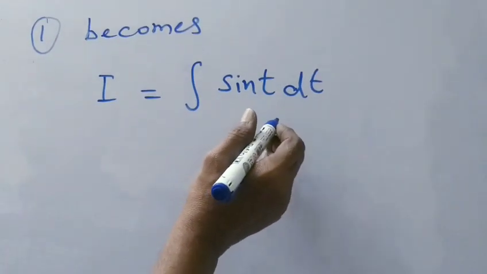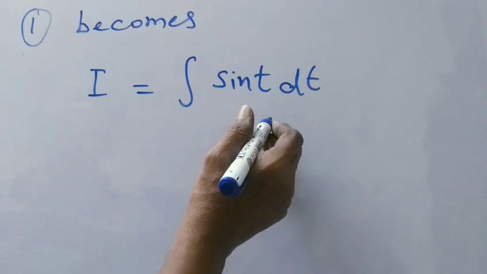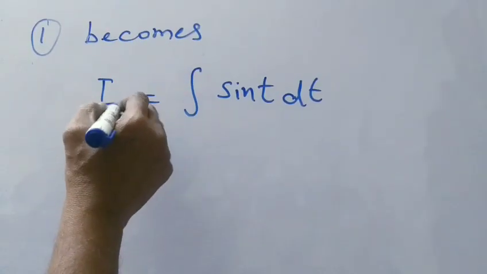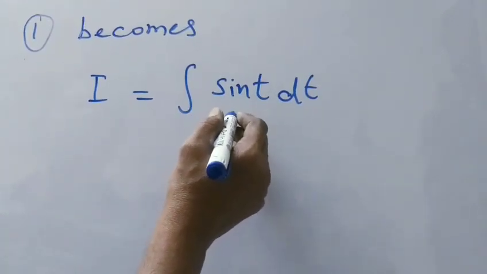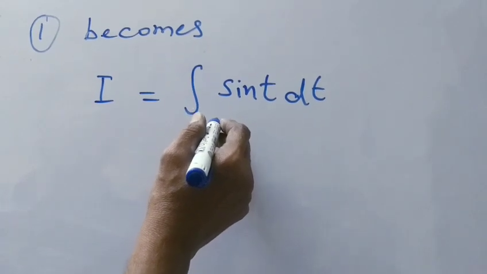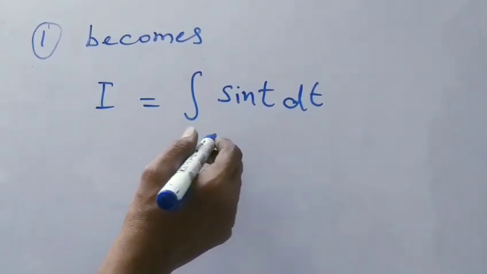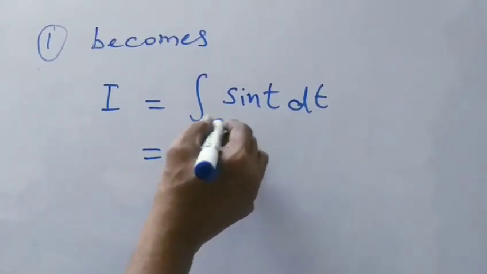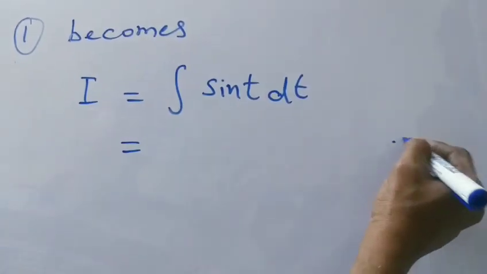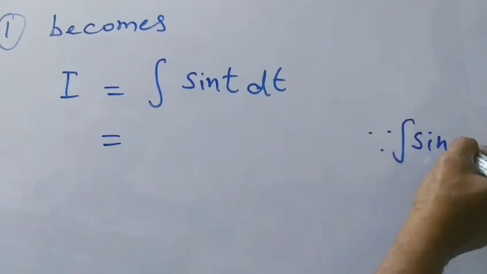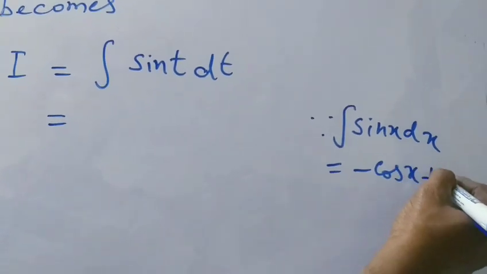On substituting dx by x log x to the base e is equal to dt, I becomes the integral of sin t dt. So integral of sin t dt, here we already know that integral of sin x dx is equal to minus cos x plus c.